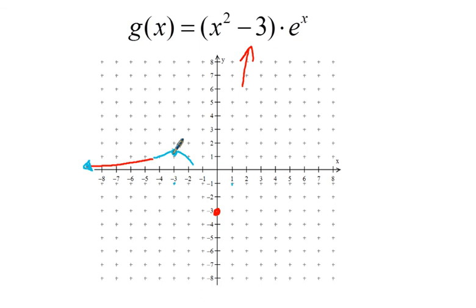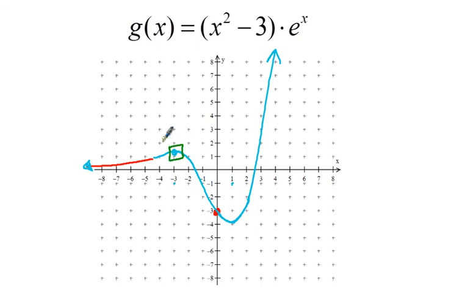Okay, and at 1, we were expecting a local min. So it should go to a min point at 1 and come up. Slope was negative to positive. So we're expecting it to come up like that and shoot off to infinity in a hurry. Okay, so let me just connect these pieces. And there's my rough picture of the graph of this function.